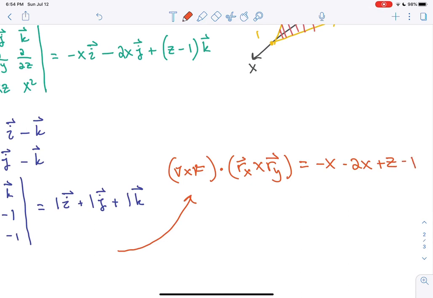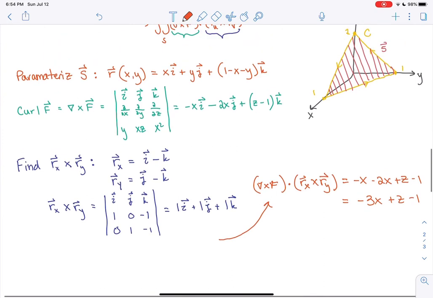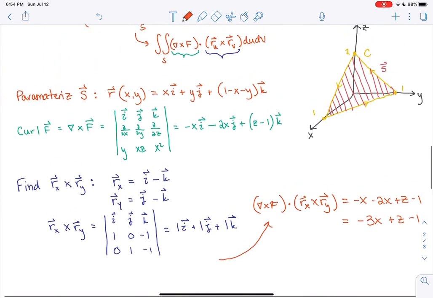Now we can simplify that to be minus 3x plus z minus 1. Okay, fantastic. So this is going to be the entire integrand of our surface integral.